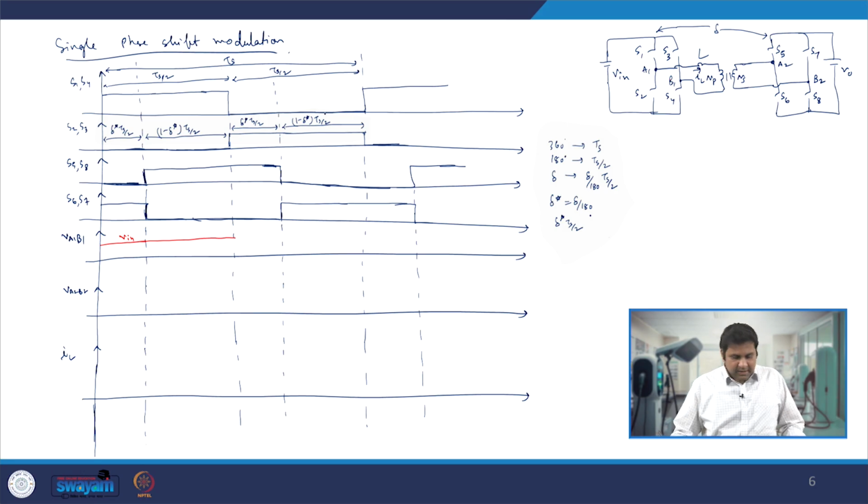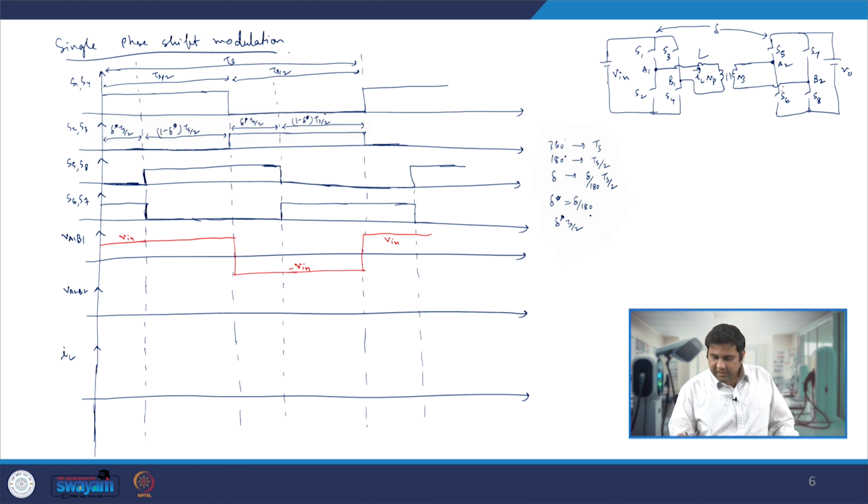Then at Ts by 2 period, S1 S4 are turned off, and S2 and S3 are turned on. That is when I am applying minus V in, because now S2 and S3 are on, and then again it goes to V in.